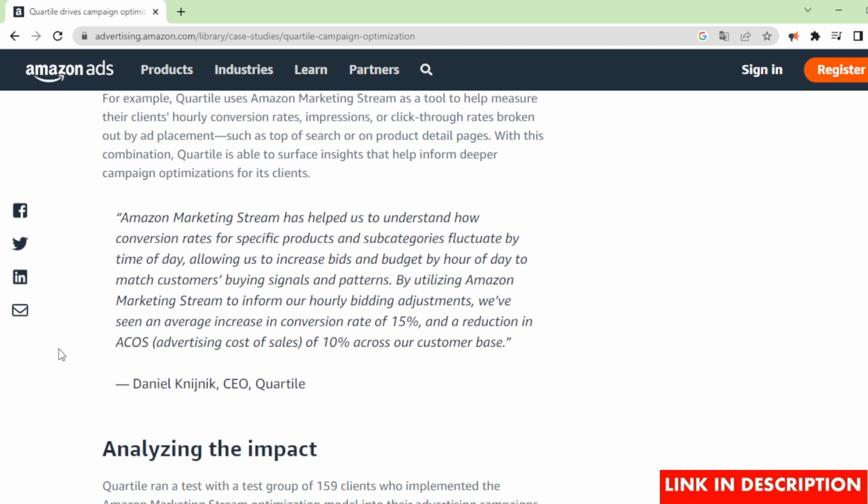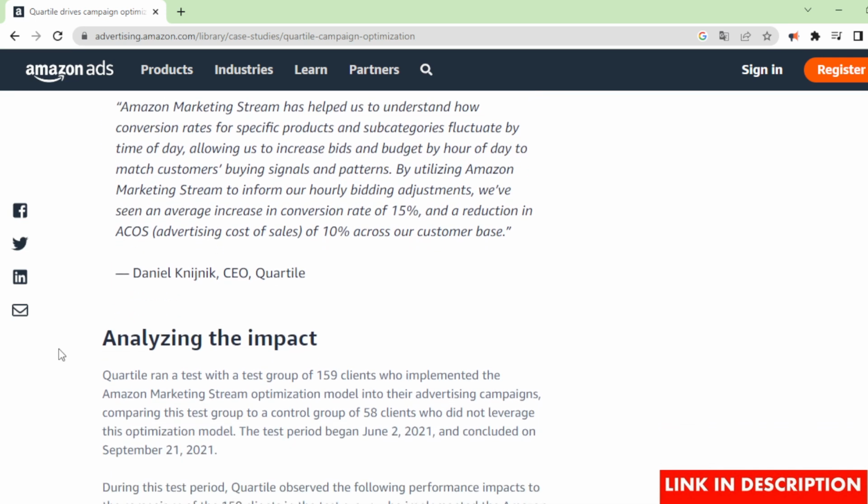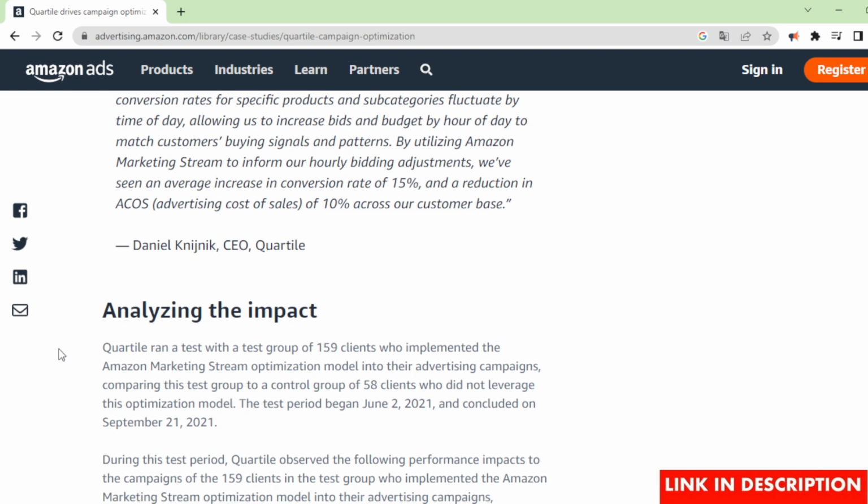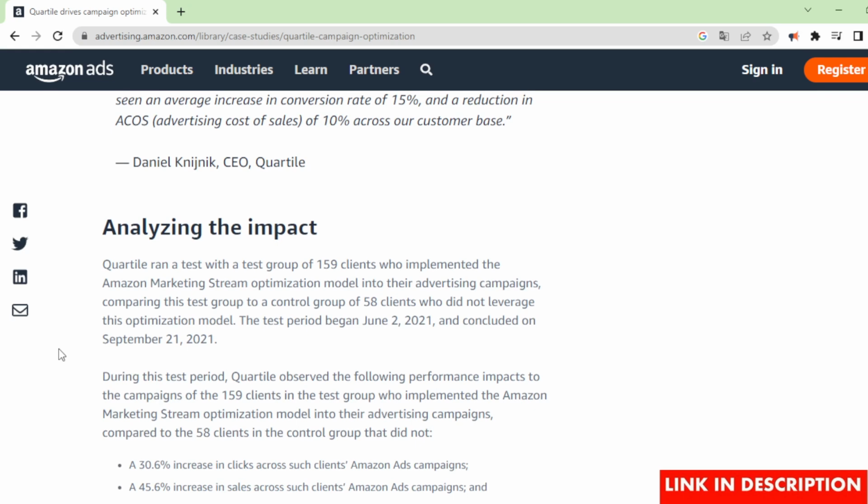Amazon Marketing Stream has helped us to understand how conversion rates for specific products and subcategories fluctuate by time of day, allowing us to increase bids and budget by hour of day to match customers' buying signals and patterns.